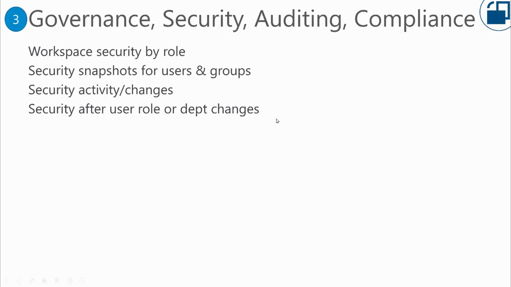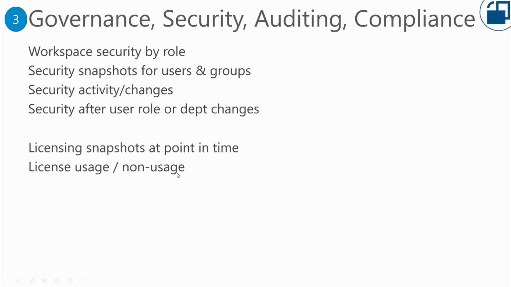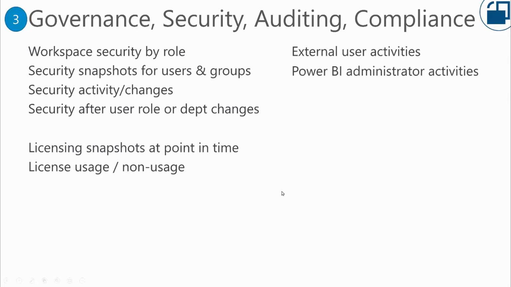And the goal there is you see that somebody transferred, but none of their security settings changed. That might be a problem. Getting licensing snapshots at a point in time. That also comes from the Microsoft Graph API, to be fair. But coupled along with looking at the activity for who's publishing content, who's viewing content, is really useful information.